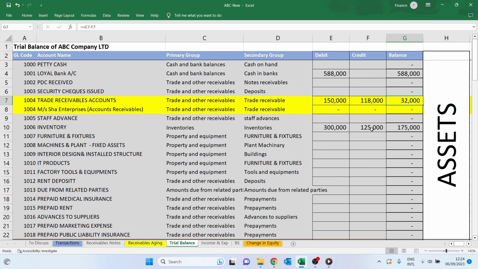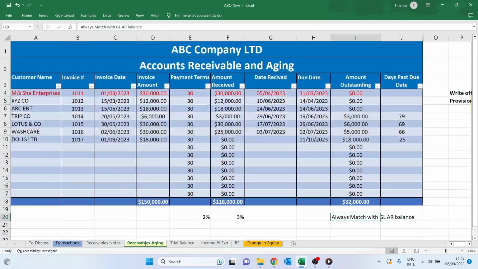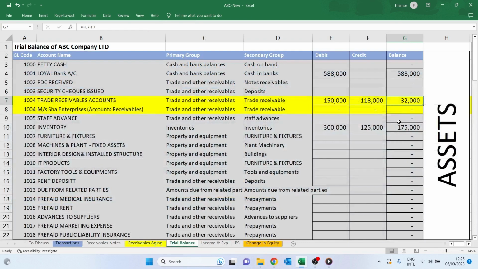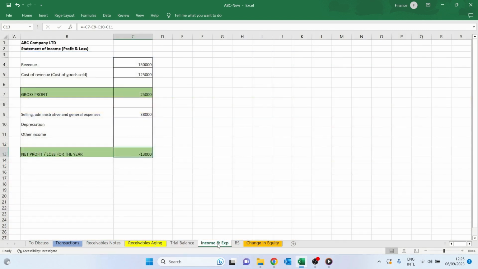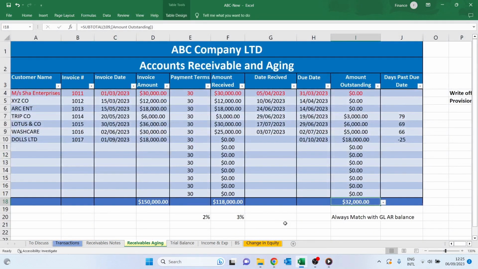It is 32,000. So check whether it is matching with the receivable or not. So it is matching. So always check that the sub ledger of accounts receivable aging and the trial balance general ledger accounts of accounts receivable must match. Okay. That is how you check the correctness of your entries, whether it has been done properly or not.